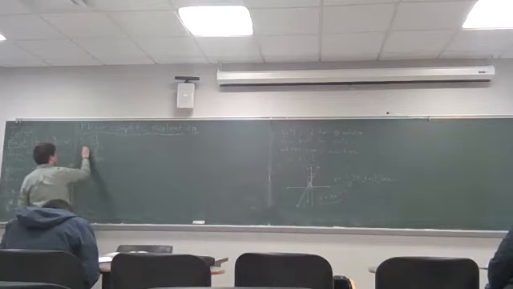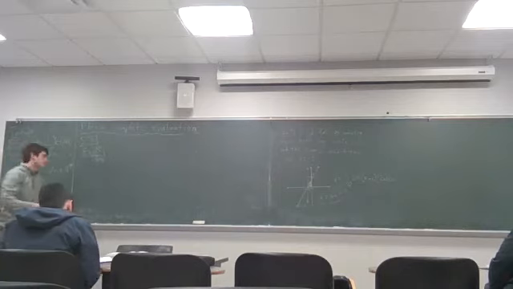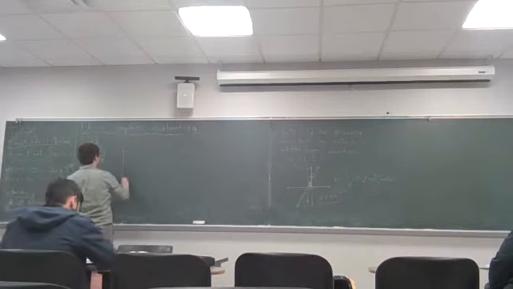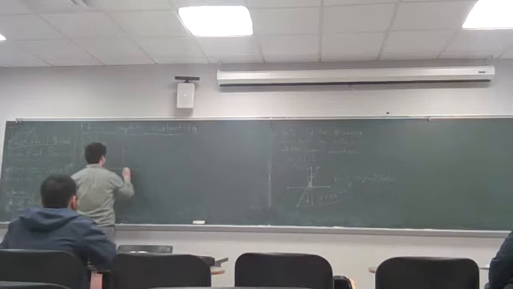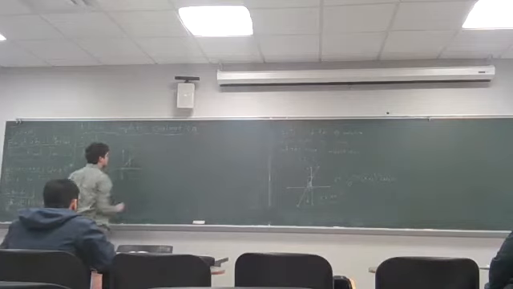So let's go up with 5, okay? And let's say, actually, I'm just gonna take the same example. So we're gonna have the same region. So we have y equals 2x again, right?